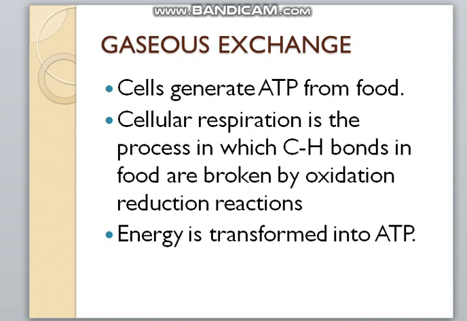The carbon hydrogen bonds present in the sugar or glucose molecules are broken down in the presence of oxygen, in oxidation reduction reactions, and the energy released during this oxidation is stored in the form of the energy currency of the cells, the ATP molecule.